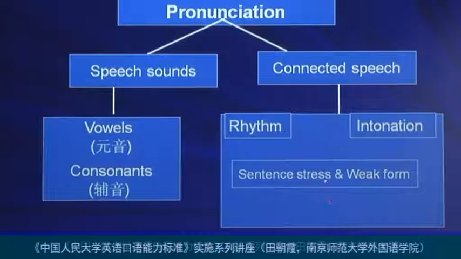And in Chapter 3, we also talked about sentence stress and weak form. The important role that sentence stress and weak form play in connected speech is that command of them is essential to the realization of rhythm and intonation.